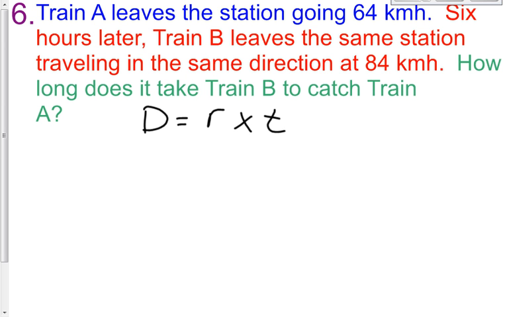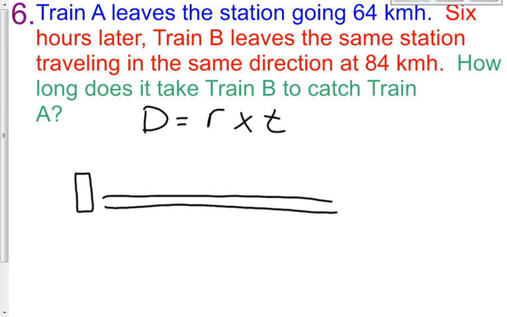So what we have here is this station, obviously, with our railroad tracks. And we're going to have train A in red, and train B in green.